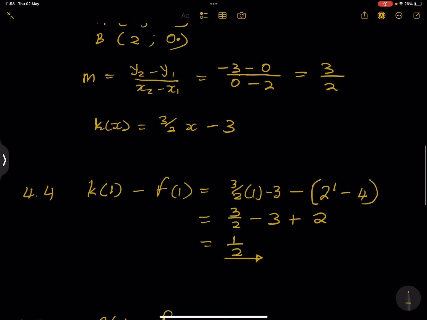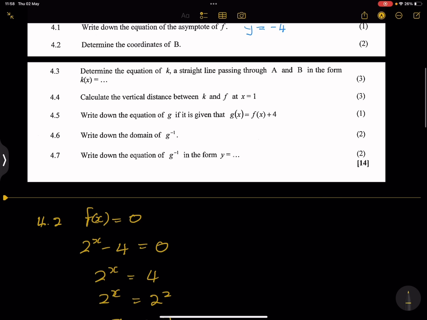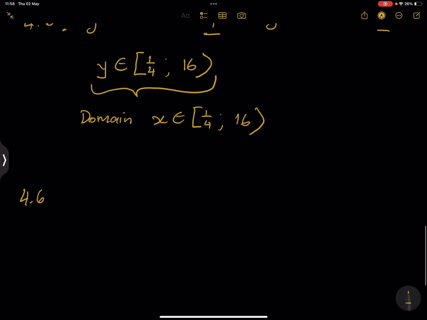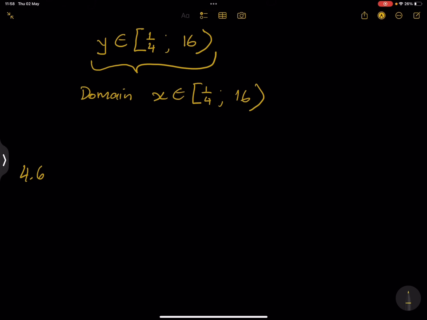Now the next one, they say write down the equation of g inverse in the form y is equal to. So we did say, you've got the graph of g. Let's write it in the form y is equal to. So this is g, y is equal to 2 exponent x.